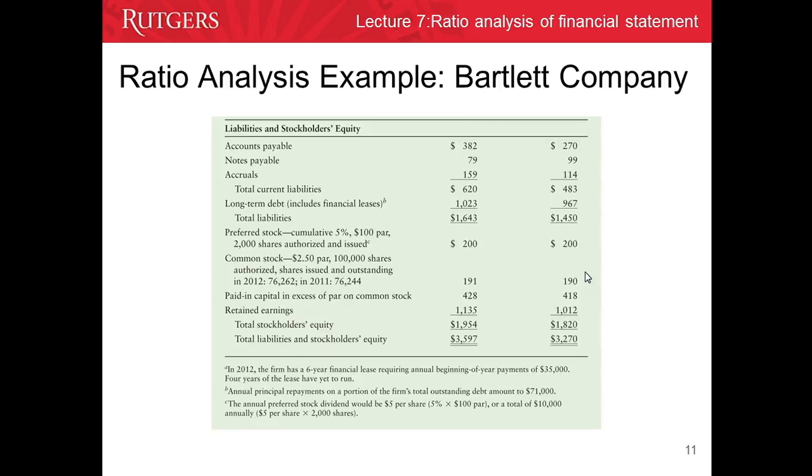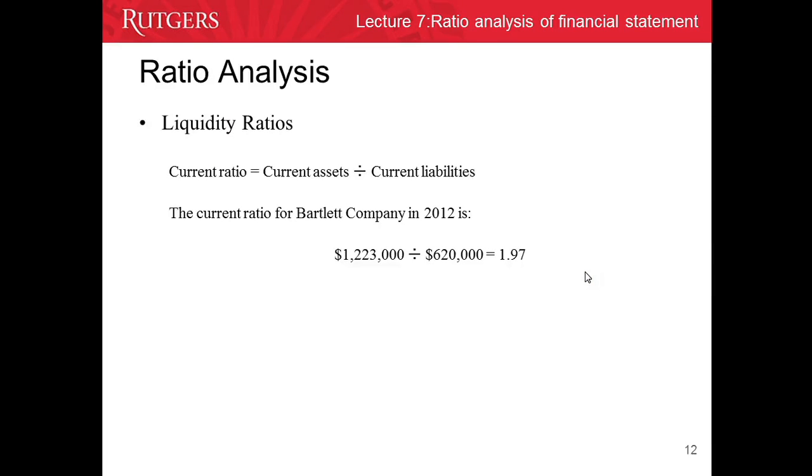We're going to use numbers in these two financial statements to calculate the commonly used financial ratios. The first group of financial ratios is called liquidity ratios. The first ratio in this group is the current ratio. It equals the current assets divided by the current liabilities.